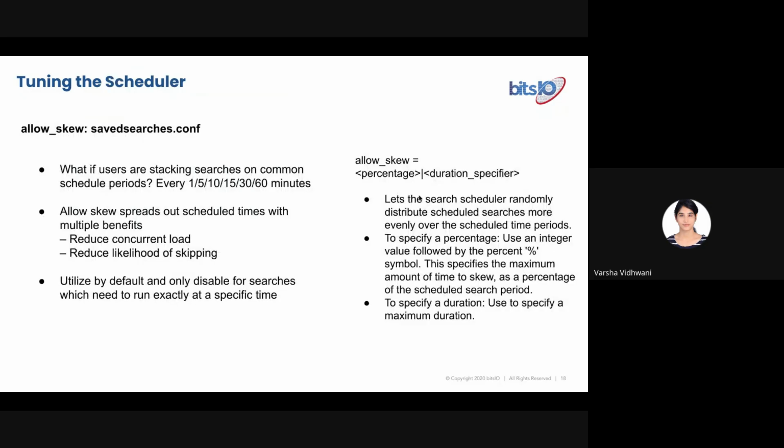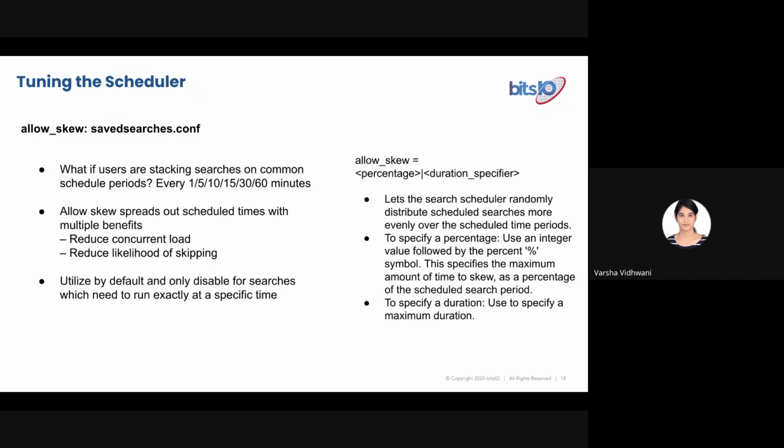This can be configured in two ways. Either you can specify a percentage, like 50%, which would mean the scheduler is allowed to shift the search up to 50% of the scheduled interval.